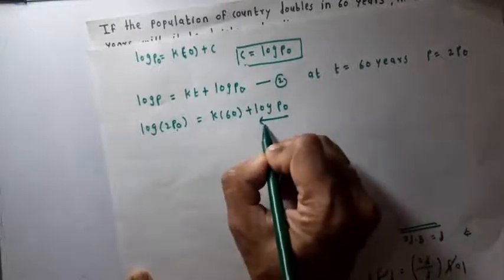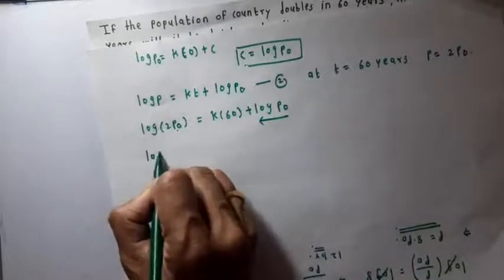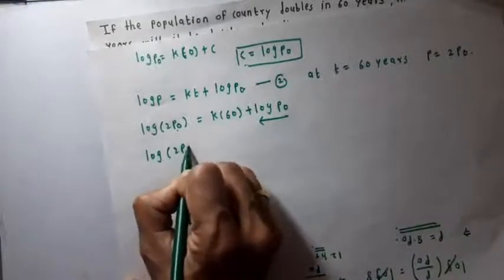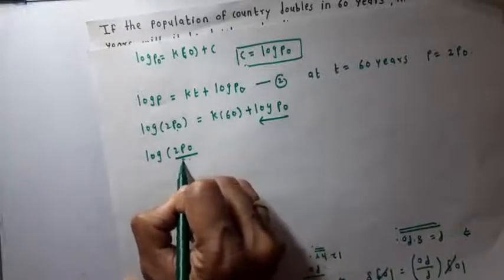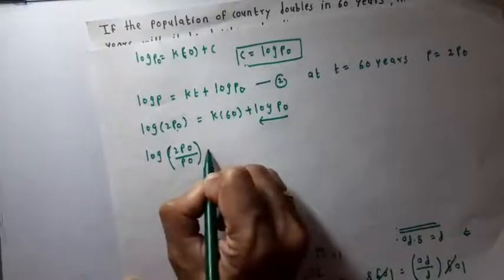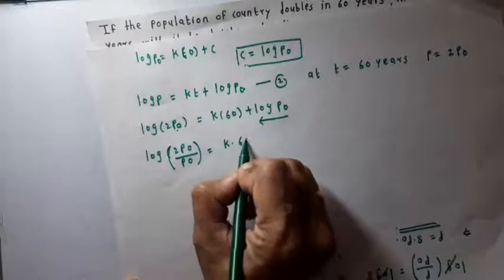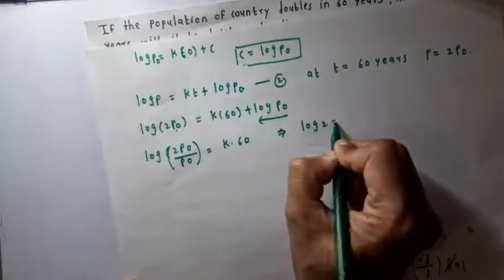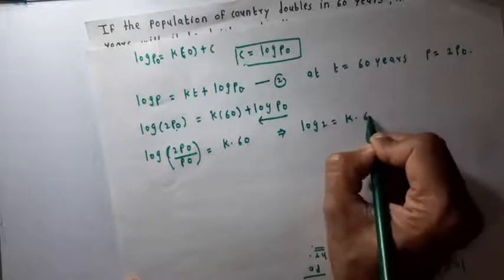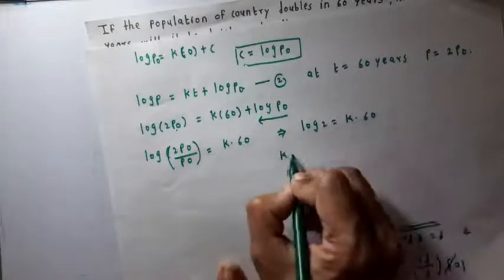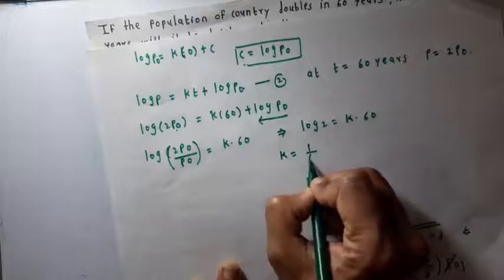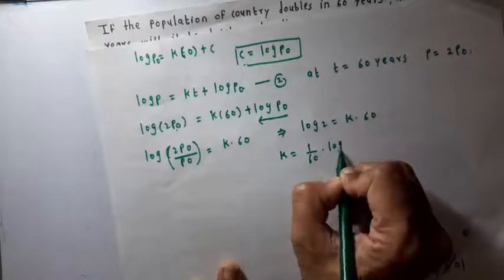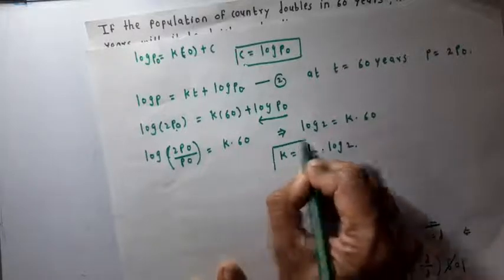So shift log of P0 to that side, we get log of 2P0 upon P0 by using rules of logarithm. This is equal to K into 60. So this implies log of 2 equal to K into 60. So the value of K equal to 1 by 60 into log of 2.